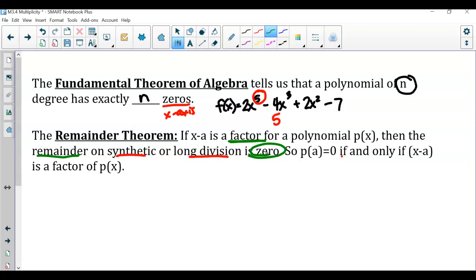The remainder theorem says that when you divide and end up with a remainder of 0, then it is a factor. Here, P of a is equal to 0, showing that the remainder is 0 if and only if it is a factor of our polynomial.